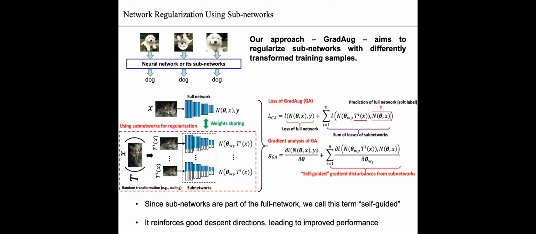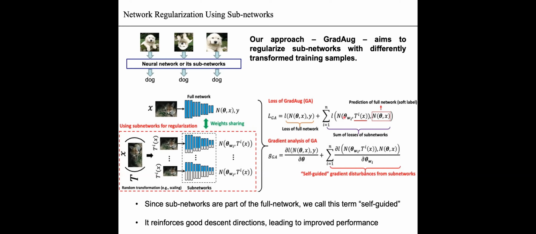So here is the gradient analysis of our Grad-Aug approach. This is the gradient of the full network, and this is the gradient coming from the subnetwork. If you think about other structure regularization techniques like dropout, you randomly disable some of the neurons in the network.